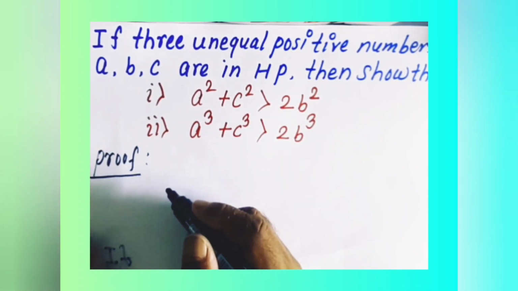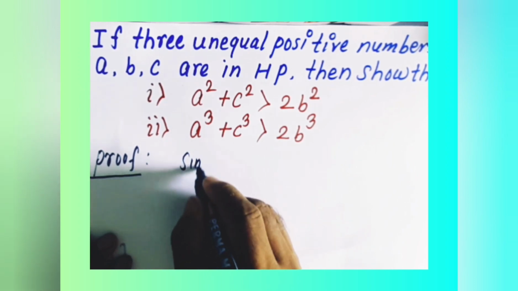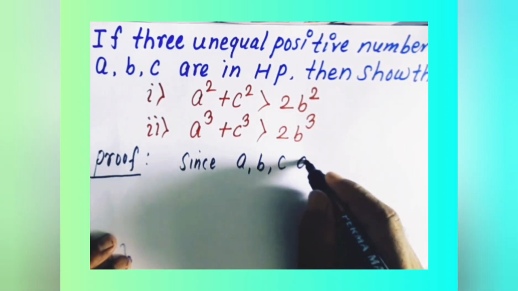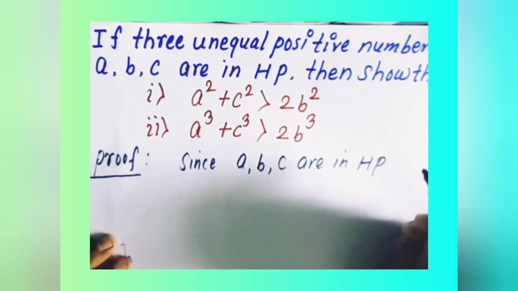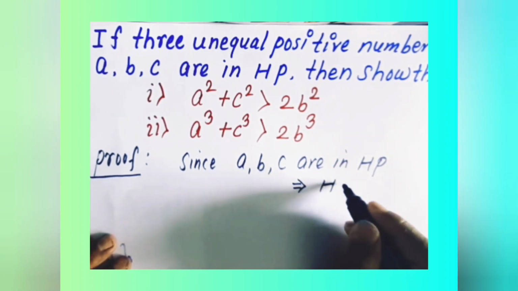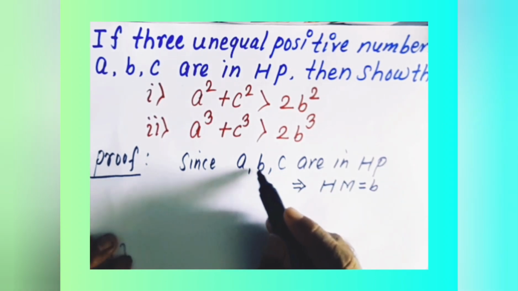If three unequal positive numbers a, b, c are in HP, this implies that the harmonic mean is equal to b, because b is the harmonic mean of a and c.